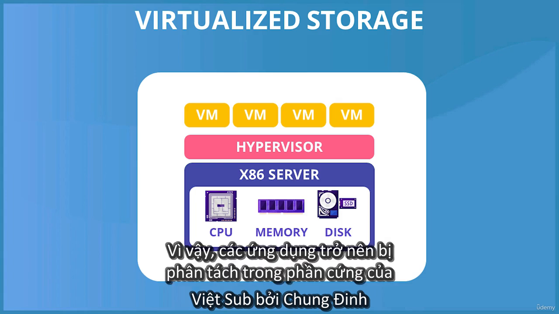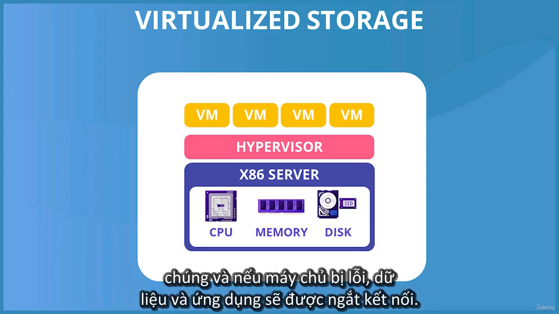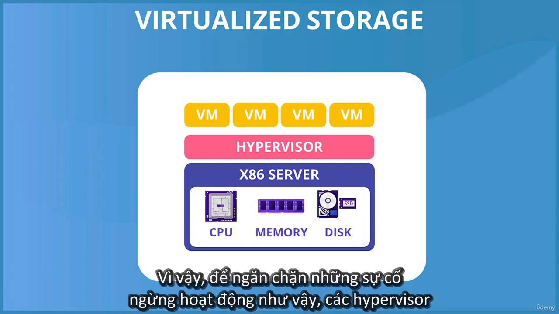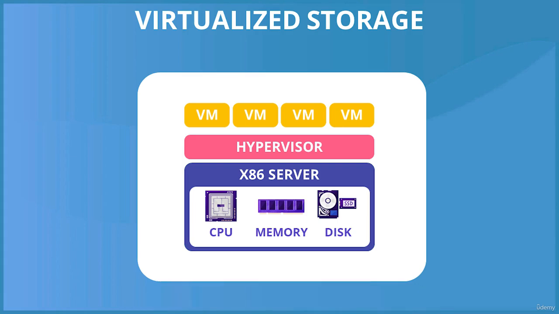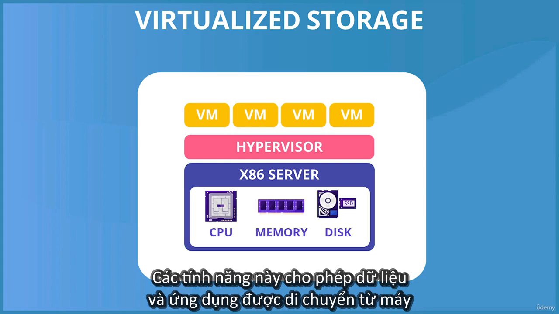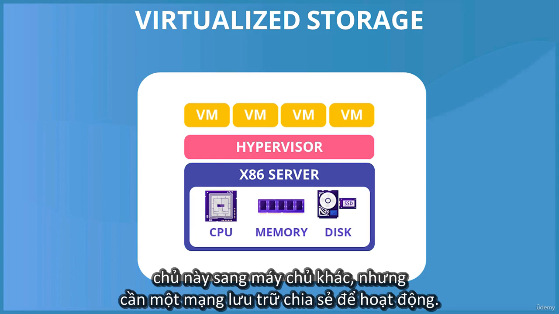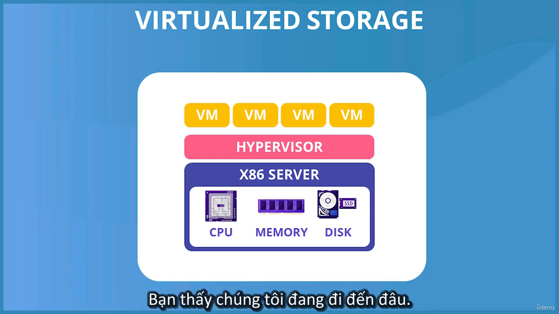So applications became siloed within their hardware, and if the server failed, the data and applications would go offline. In order to prevent such downtime events, hypervisors developed features such as VMware's vMotion and fault tolerance. These features allow data and applications to be migrated from one server to another, but require a shared storage network to operate. You see where we're going.